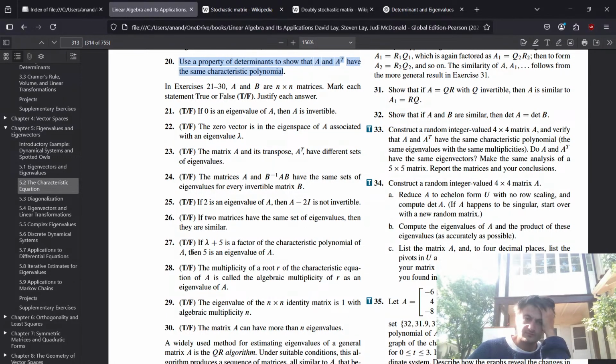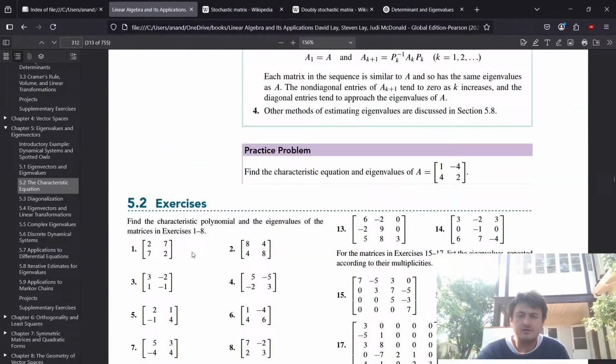27, if lambda plus 5 is a factor of the characteristic polynomial, then 5 is an eigenvalue? No, what? That doesn't even make sense. It's going to be minus 5. The multiplicity of a root R of the characteristic equation of A is called the algebraic multiplicity of R as an eigenvalue? I forget what they call it.